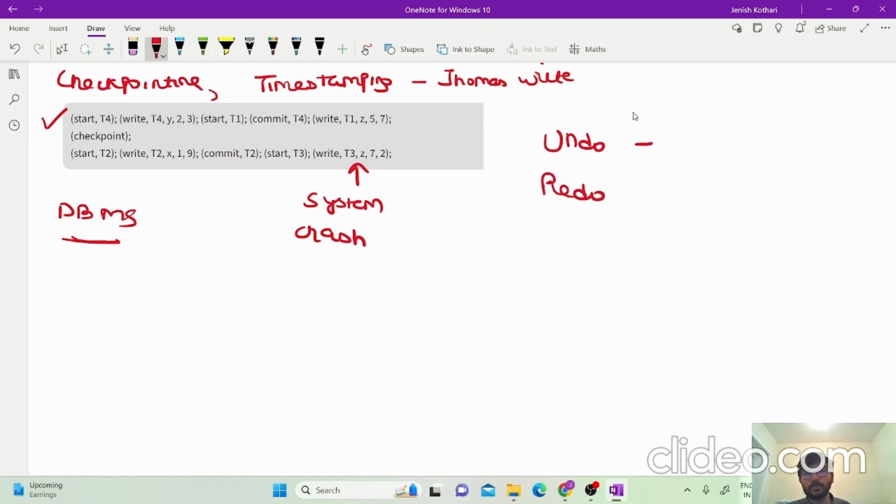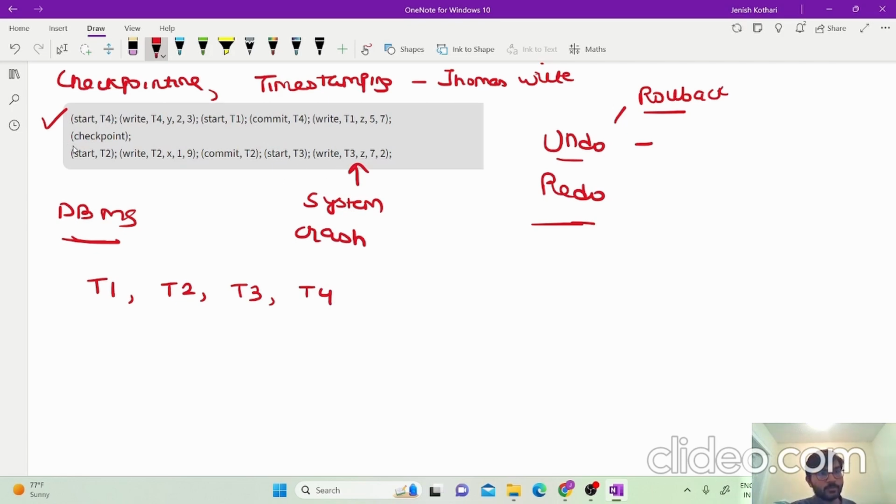Undo simply means a rollback sometimes, but they are different. We'll see how they differ. So first let's identify the transactions themselves: T1, T2, T3 and T4. We have four transactions.